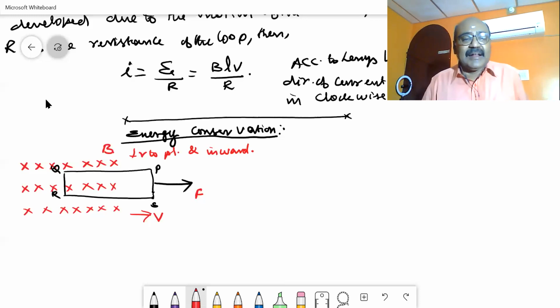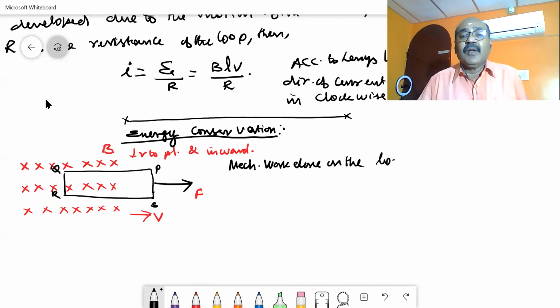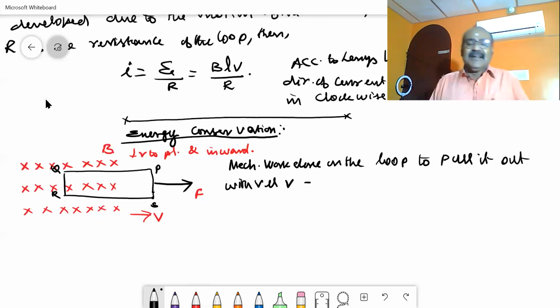First of all, let us calculate that. The mechanical work done on the loop to pull it out with velocity V is equal to, what is the general formula for work done? The general formula for work done is force into displacement, isn't it?